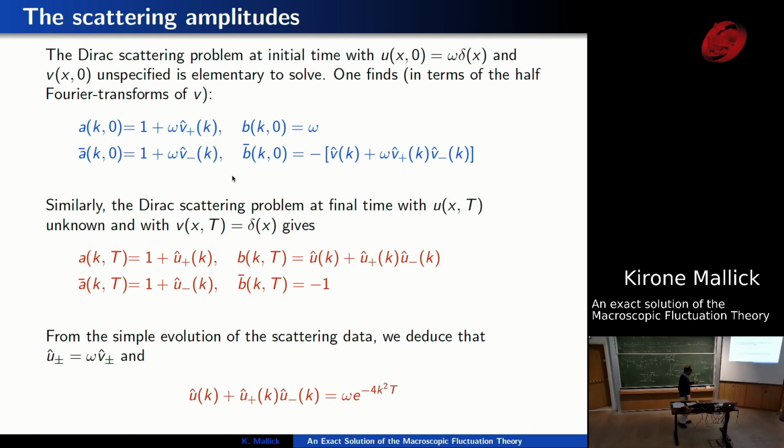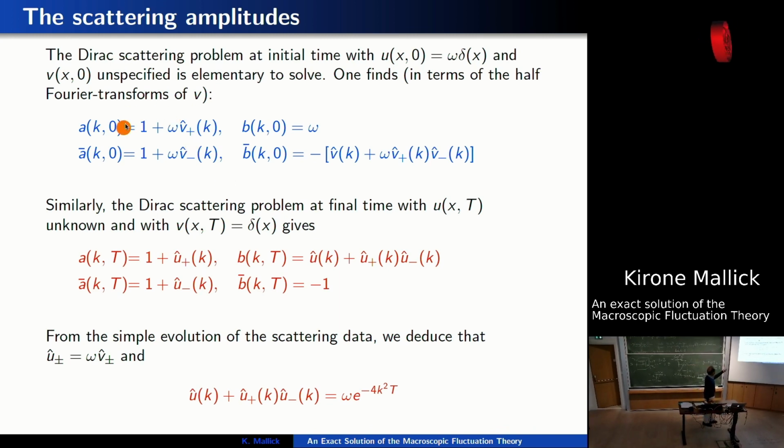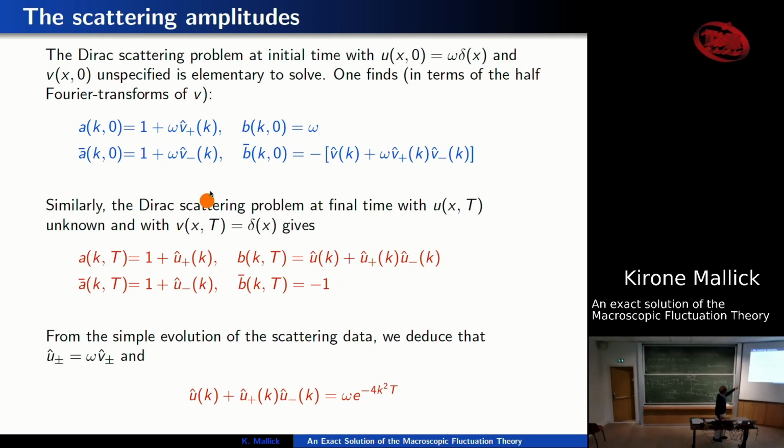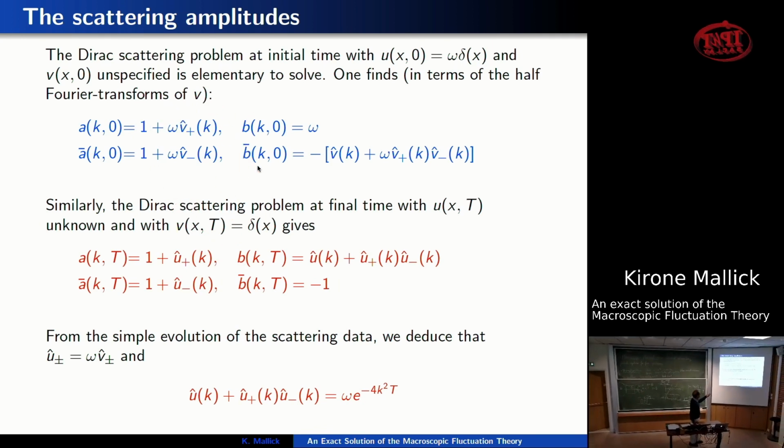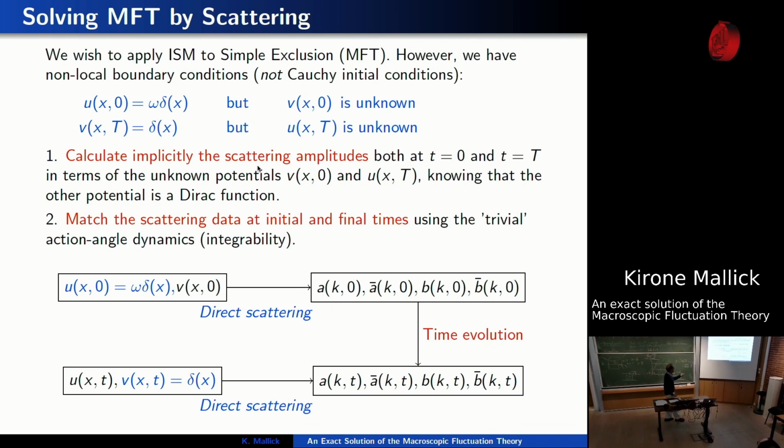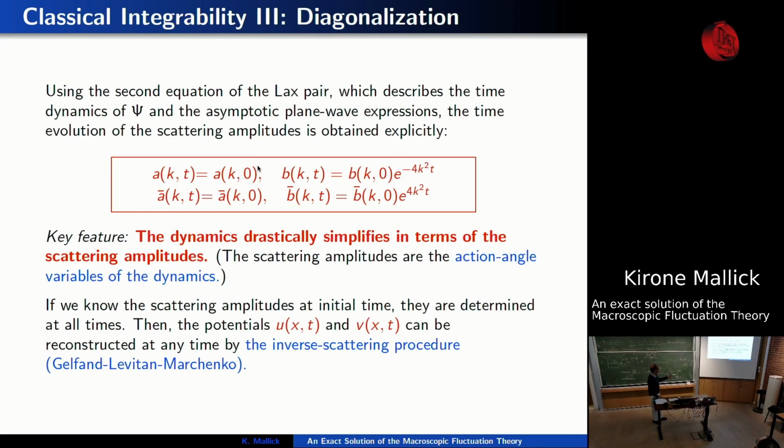And once you have the scattering data in terms of U and V, you can use the fact that the evolution of the scattering data is very simple with time. As I just told you before, it was very simple in the case of the KdV equation. For the AKNS equation, it's the same thing.